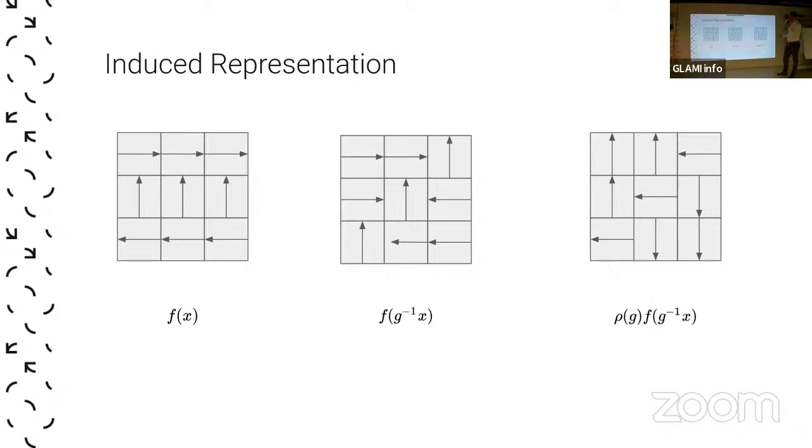You can just move the arrows, but then you need to apply the induced, that's the rho of G, to the result, which rotates each arrow as well separately. That's the case in here. You can see that this sort of makes much more sense. You get the nice diagonal, the eyes top left and bottom right of the field.